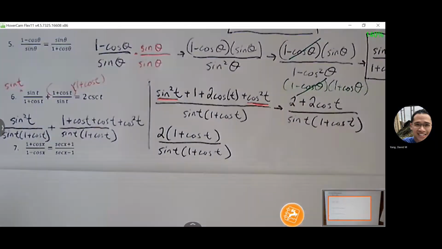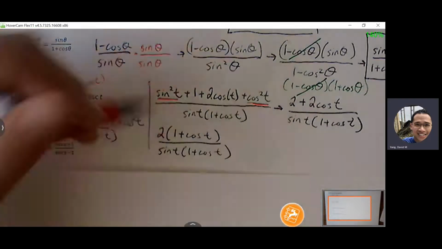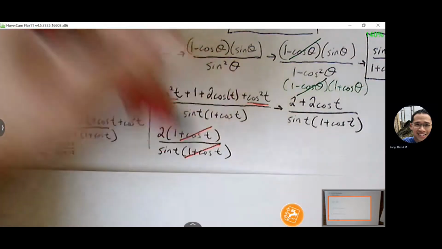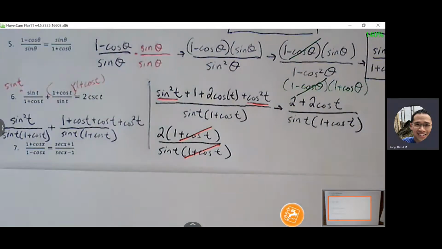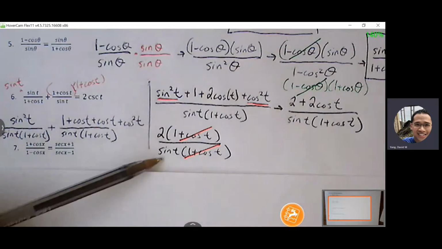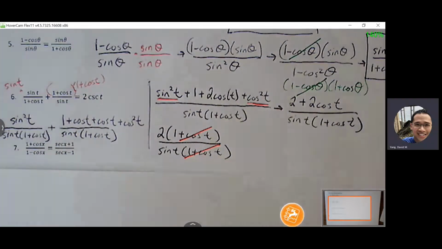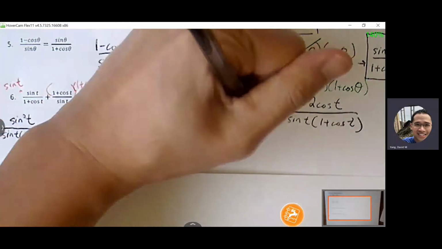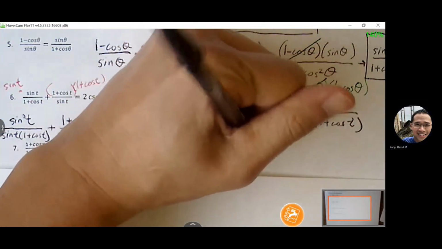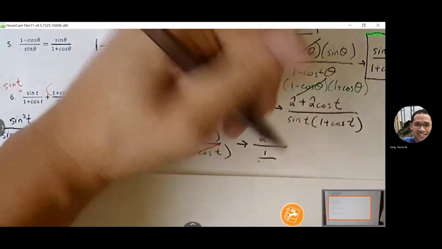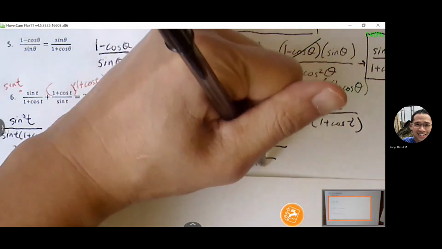Okay, what do you notice here? Are we close? 2 over sine t. We know cosecant is the reciprocal of sine, so you can think of it as 2 over 1 over cosecant of t.